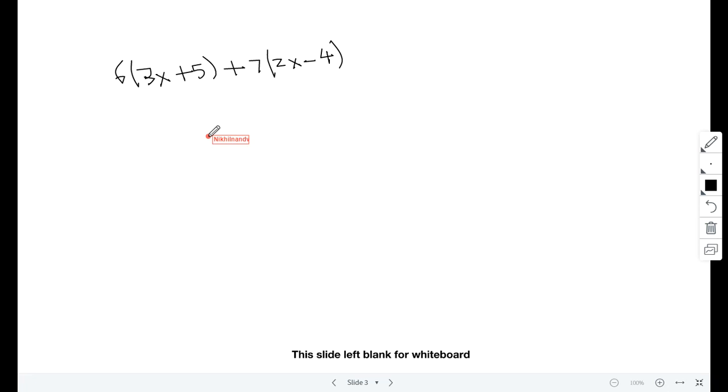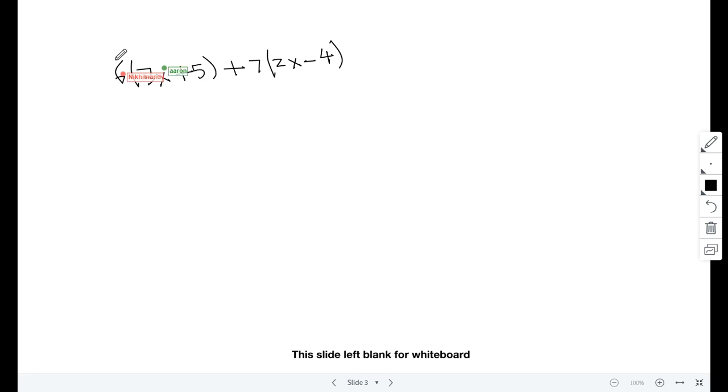Can you repeat? 32x plus, no, minus 23. 32x is correct, but plus 2 will be the answer. 30 minus 28 is plus 2.